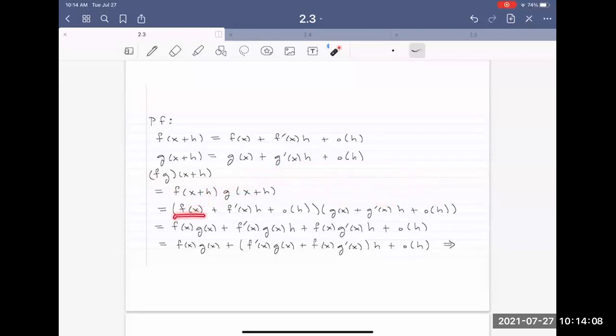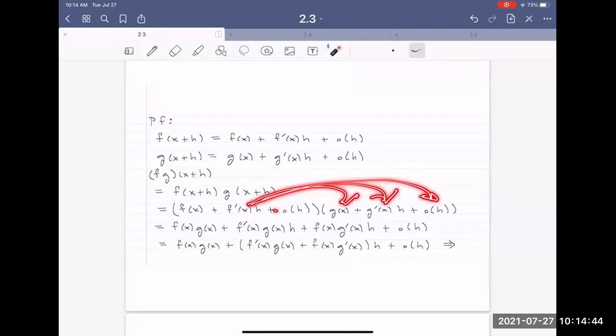So I have that this is equal to f(x) times g(x) plus f(x) times g'(x) times h. And so that's this term. Plus f(x) times little o of h, which is little o of h. And now let's multiply this.